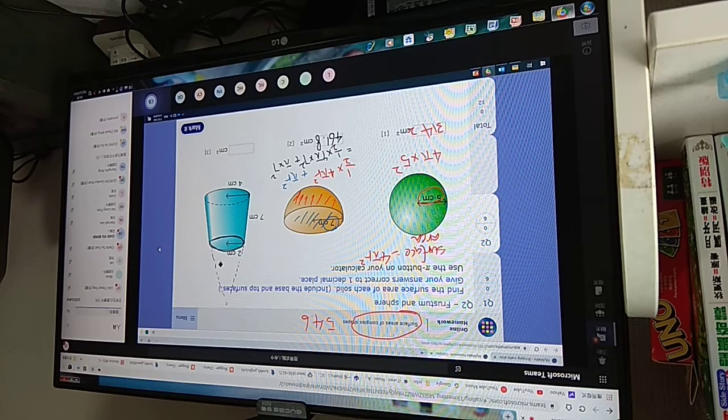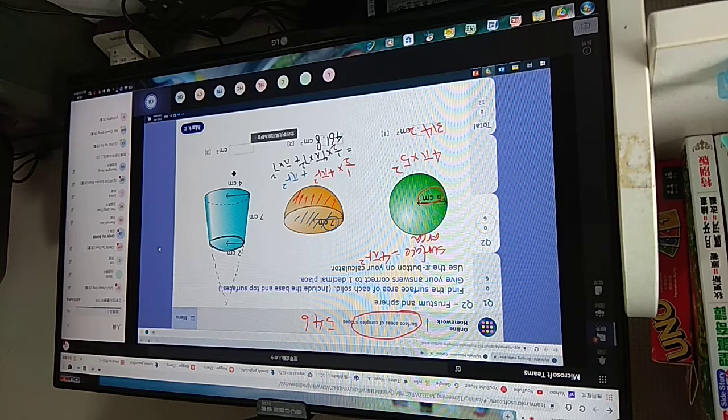The removed part is the cone with the base circle of radius 2 cm, and the big cone is the cone with the base circle of radius 4 cm.